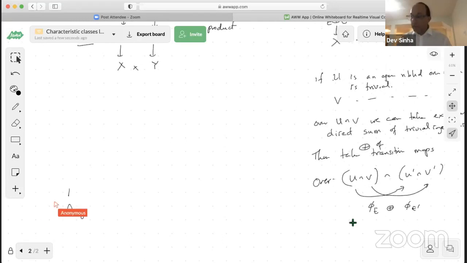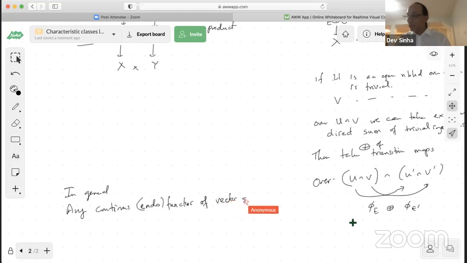So in general, any continuous functor of vector spaces gives rise to an endo-functor of vector bundles over a fixed base space.